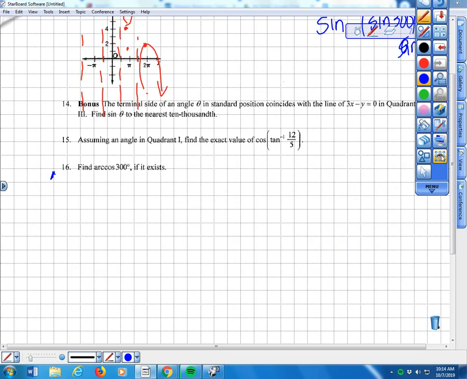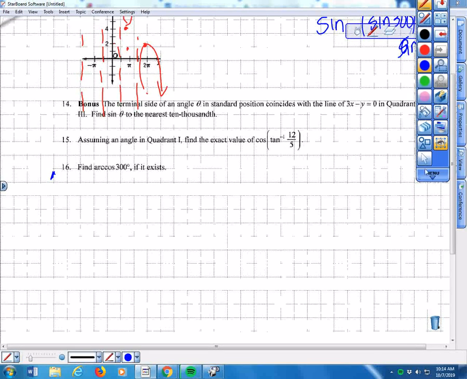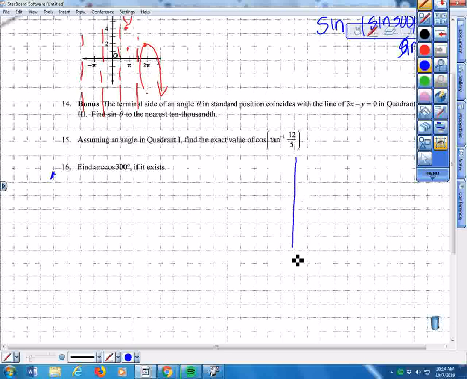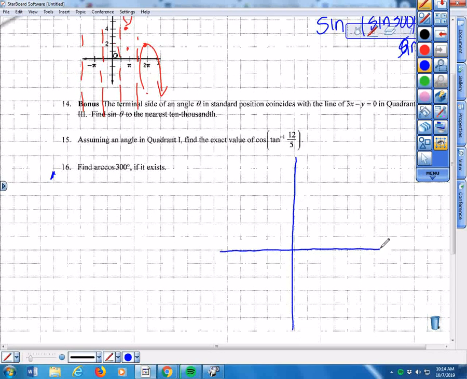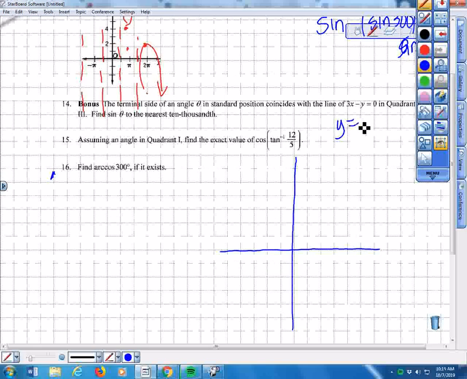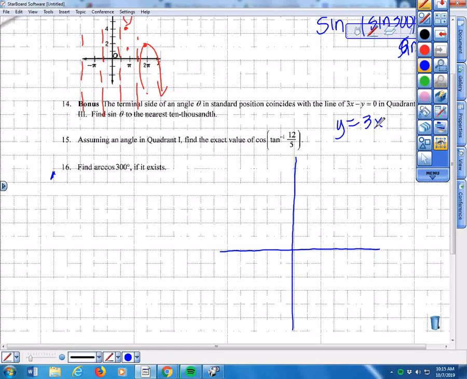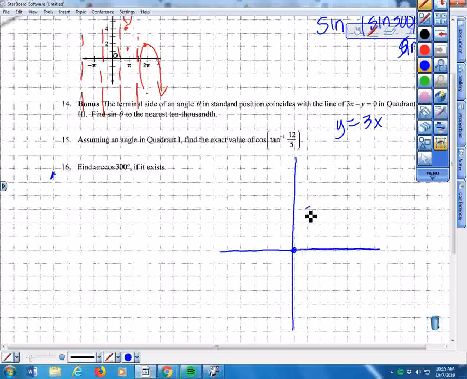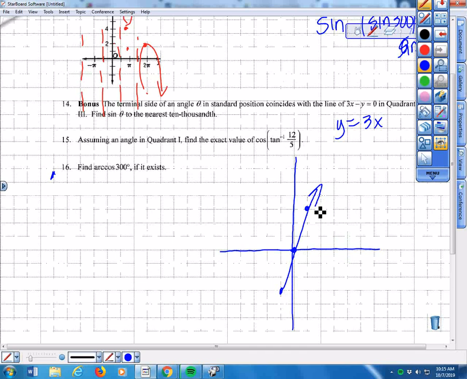The terminal side of an angle in standard position coincides with the line 3x minus y equals 0 in quadrant 3. So this is actually y equals 3x, right? Which means it goes to the origin and goes down 3 over 1. There's my line, right?